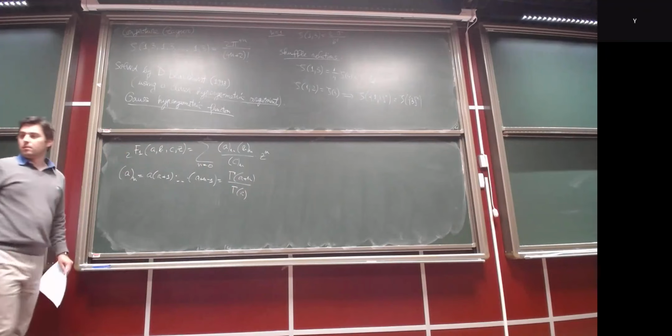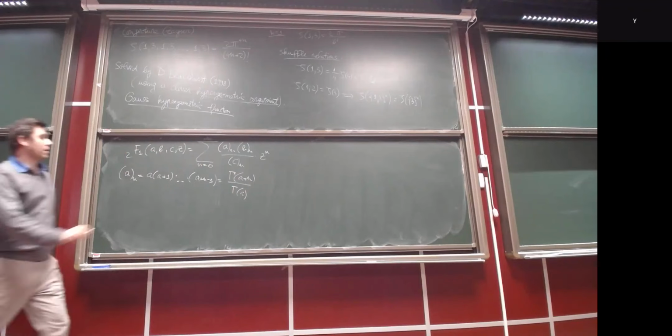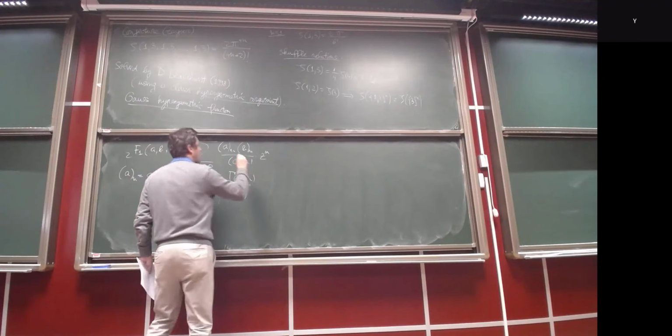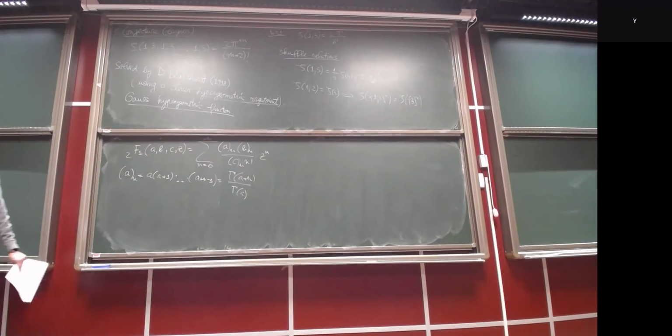I think there's an additional 1 over n factorial; I forgot it here. So this is the Gauss hypergeometric function.